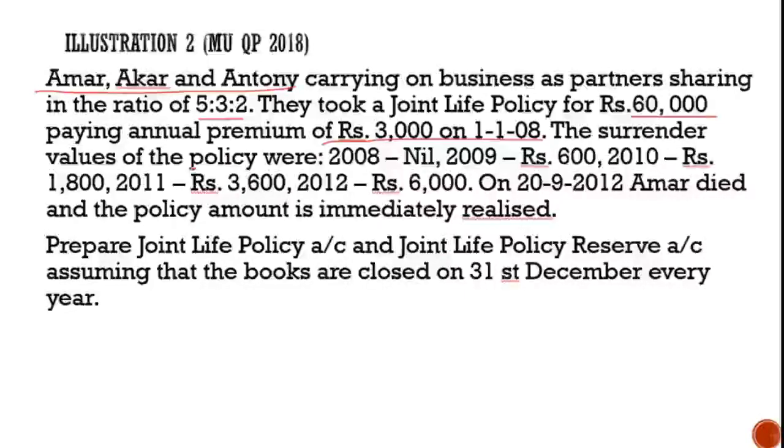Then the surrender value of the policy is given: in the year 2008 nil, 2009 600, 2010 1800, 2011 3600, 2012 it is 6,000. So he died on 29/2012 and the policy amount is realized immediately.